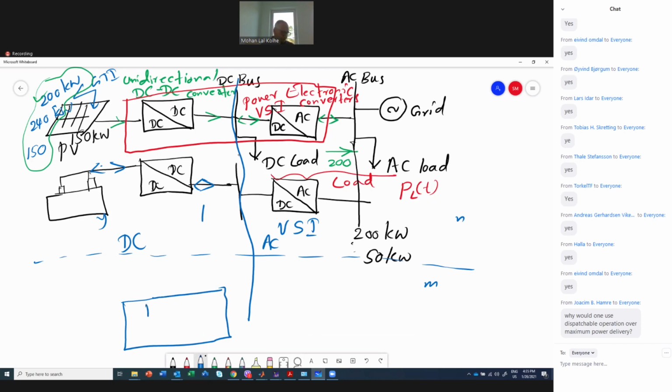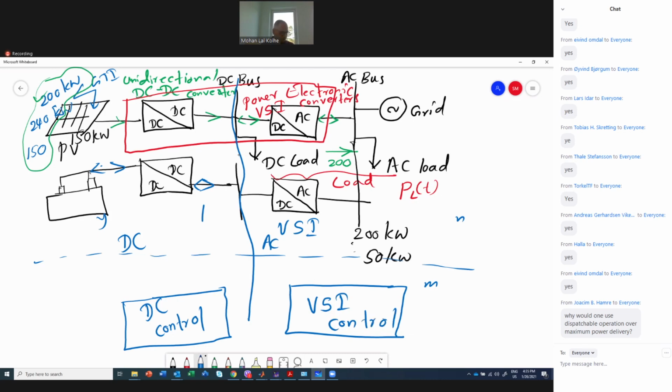Here you have DC control. Here you have AC control. Since we are going to generate this AC signal using this voltage source inverter, we name this as VSI control.